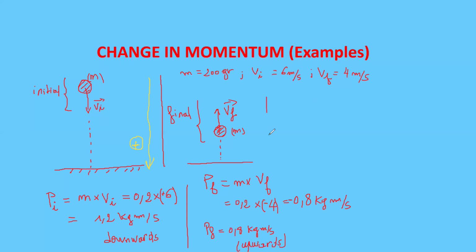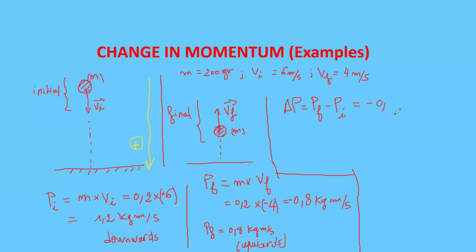Now I will calculate the change of momentum. The change in momentum, delta P, is equal to P final minus P initial. So it's equal to the P final, which is minus 0.8, minus the initial, 0.8. I take this value, not this one, because here it's minus, but you can write 0.8 upwards. It means minus.